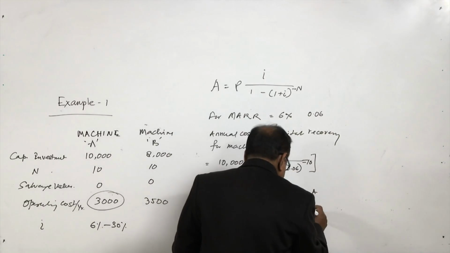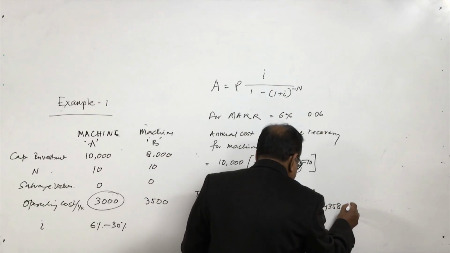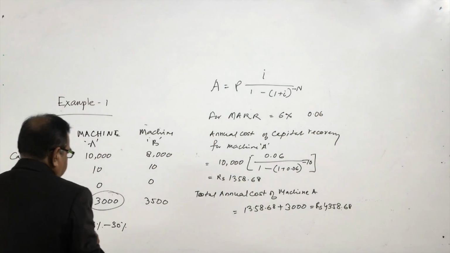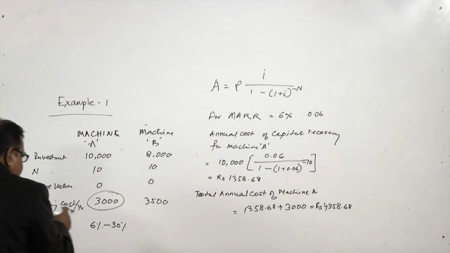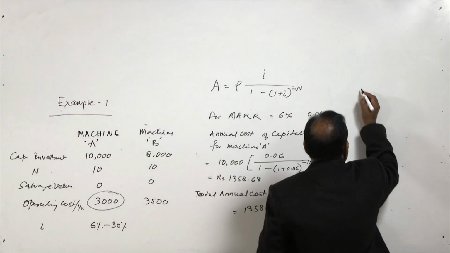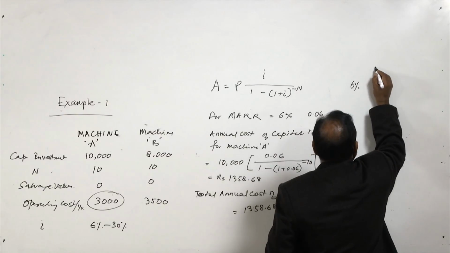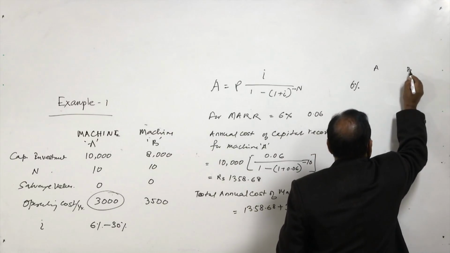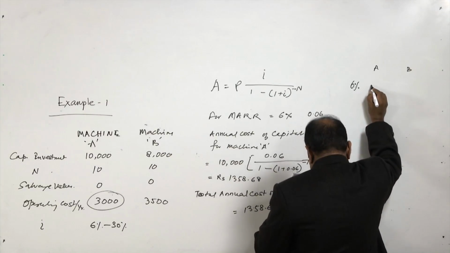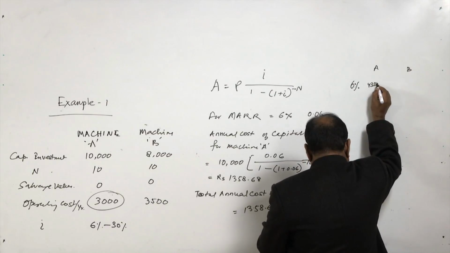This comes out to be rupees 4358.68. So, at 6%, I have this value: 0.06 is 6%, this is machine A, this is machine B, and the annual cost is 4358.68.